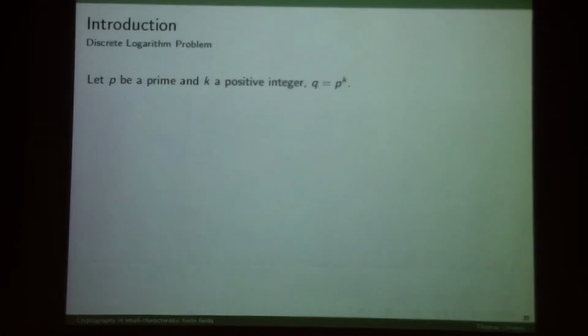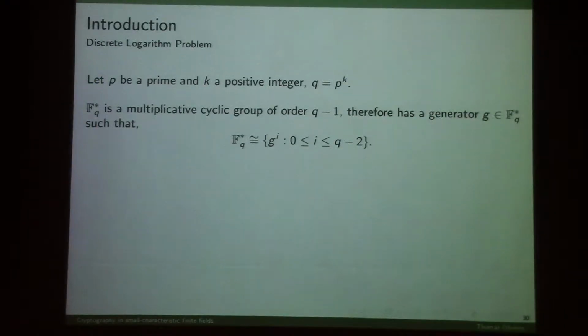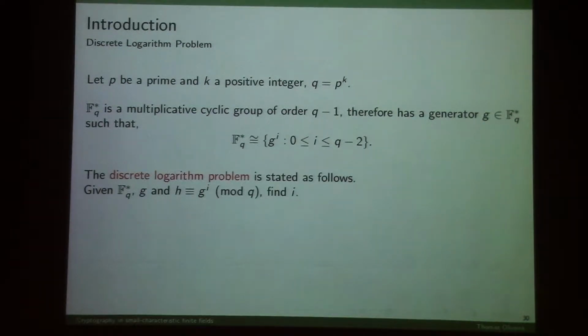So the discrete logarithm problem in finite fields is defined like this. Let p be a prime and k a positive integer, so q equals p raised to the power of k. F_q* is a multiplicative cyclic group of order q minus 1 and has a generator g, which generates all of its elements. So the discrete logarithm problem states as follows.